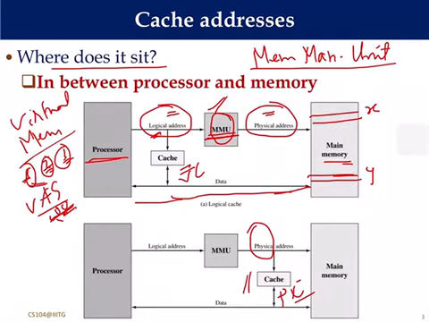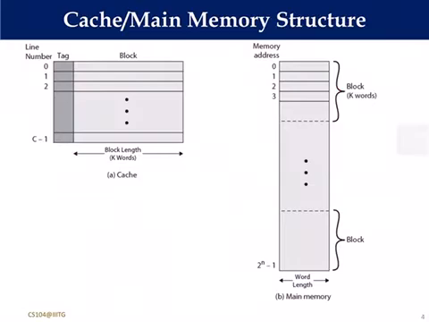Okay, moving ahead. We have seen this diagram in the last lecture also. This is a logical view of main memory. It is organized as blocks, block after block, and each block will have individual words.